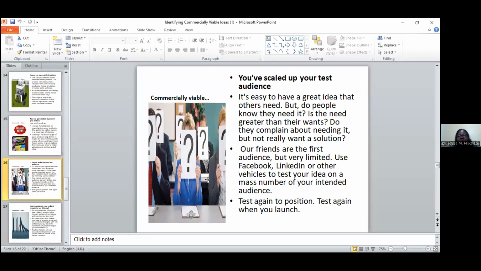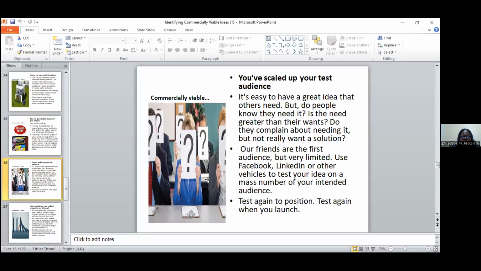It's easy to have a great idea that others need, but do people know they need it? Is the need greater than their wants? Do they complain that they need what you are making, but at the same time they really don't need a solution? In that case, you're not sure whether what you're creating is acceptable.